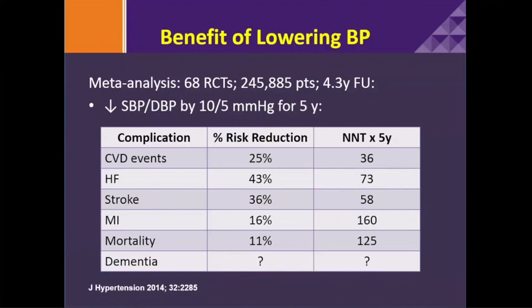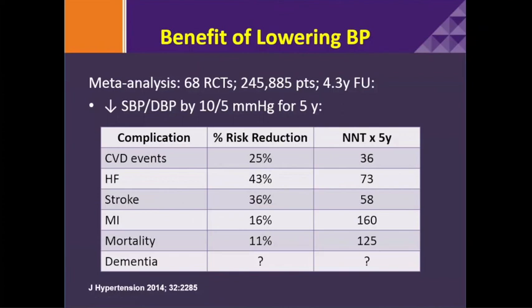There's a beauty of treating patients with hypertension. If you treat a patient for hypertension, we can reduce the risk of heart failure by up to 40%. In fact, some studies say 50%. This is why I'm showing this.